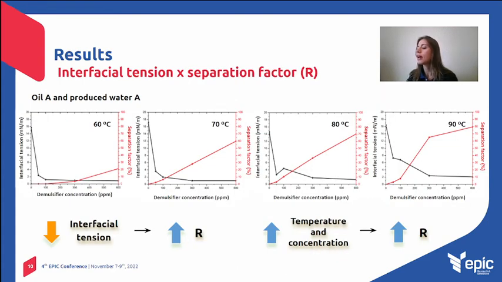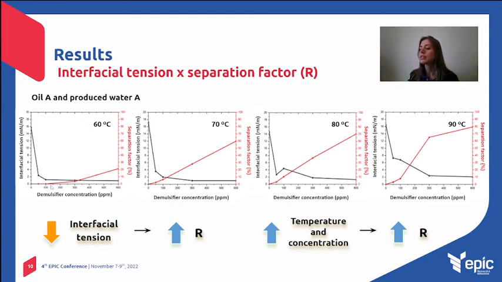And here I have an important result for this research. I analyzed the relationship between the interfacial tension and separation factor R under the effect of different concentrations of the demulsifier and temperatures. And first of all, analyzing a system composed by oil A and its produced water, for all analyzed temperatures here, we can clearly observe a trend, right?